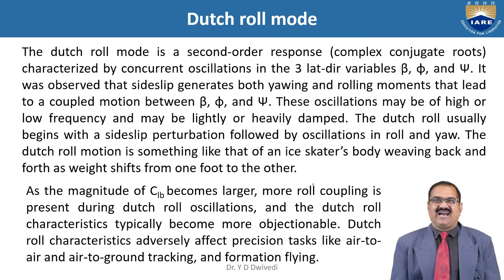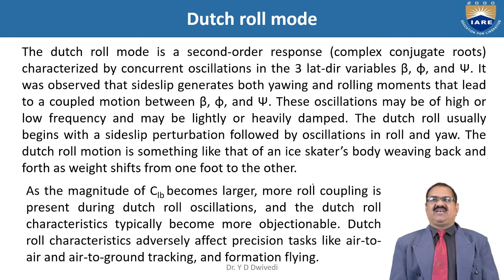It was observed that side slip generates both yawing and rolling moment that leads to a coupled motion between beta, phi and psi. These oscillations may be of high or low frequency and may be lightly or heavily damped.